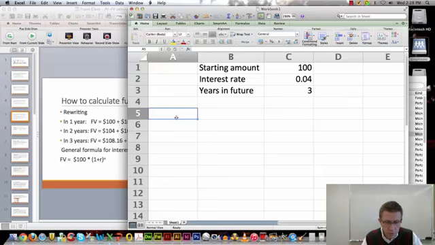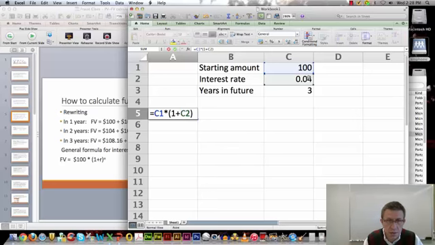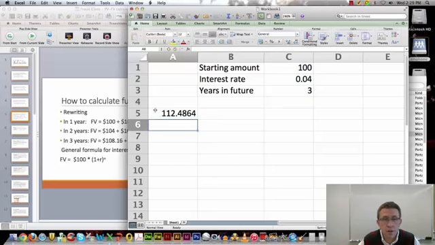Our general formula, our future value equals the starting amount multiplied by 1 plus the interest rate, and then we take that to the power of the number of years in the future. So here we'll have to go to the third power, but we don't write in 3, we'll just point to cell C3. And we find 112.49.